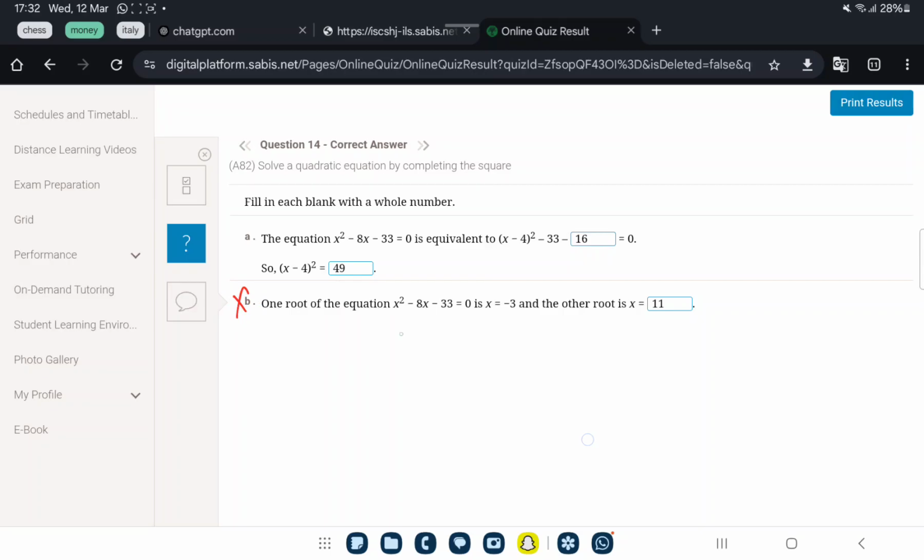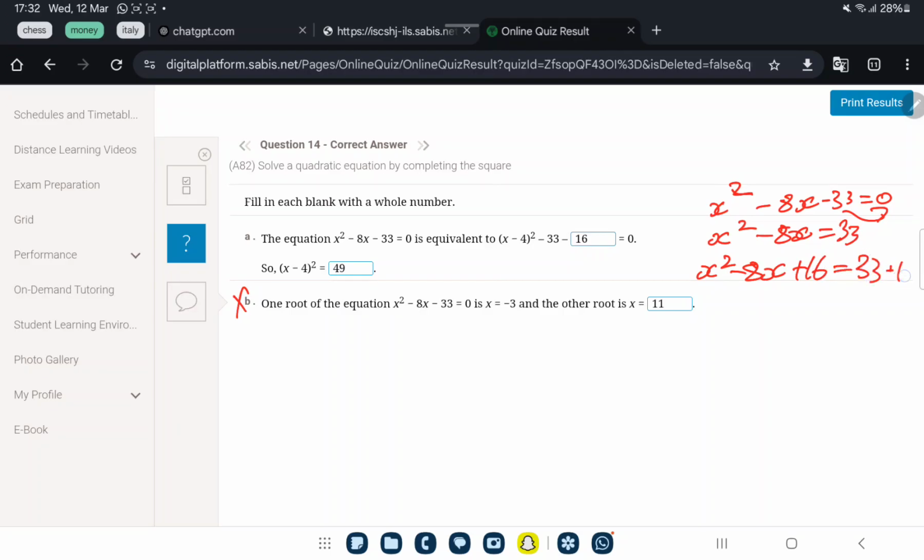So the equation x squared minus 8x minus 33 equals 0. You move the 33 to the other side. X squared minus 8x equals 33. Yeah, so you get half of this and you square it, so x squared minus 8x plus 16 equals 33 plus 16.